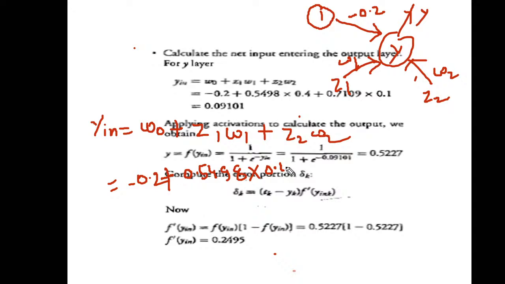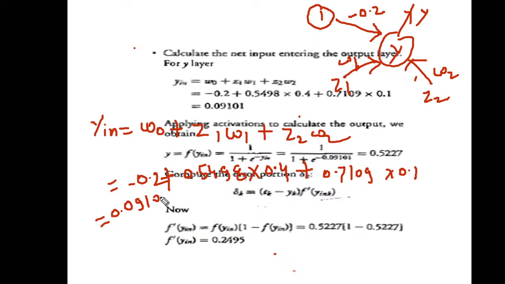So I told you that now we will calculate the output of the hidden neurons Z1 and Z2. How will we calculate? We will substitute the values of Z in 1 in the function. Then 0.7109 multiplied by 0.1, so the output is coming 0.09101.